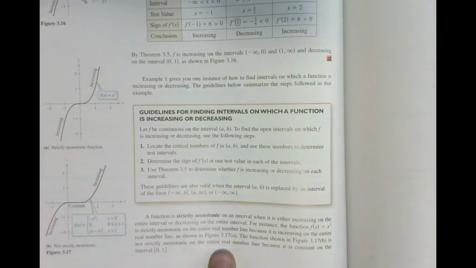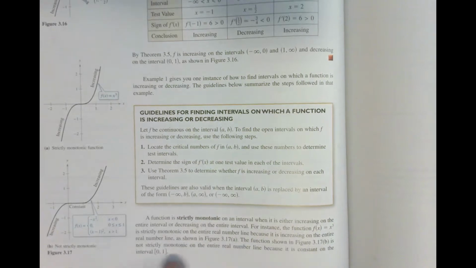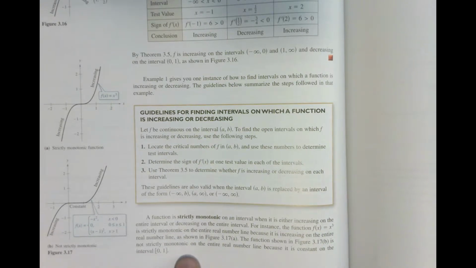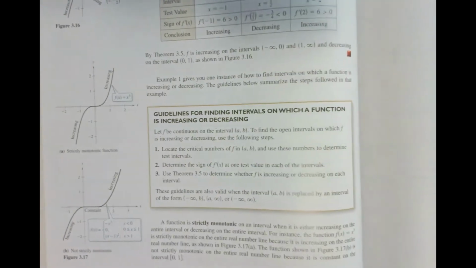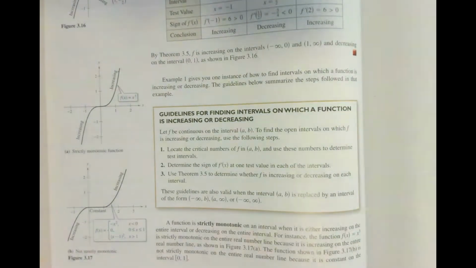The function shown in 3.17b is not strictly monotonic on the entire number line because it is constant on the interval from 0 to 1. Great case, Larson. Great case. But I'm going to prove you wrong as well.